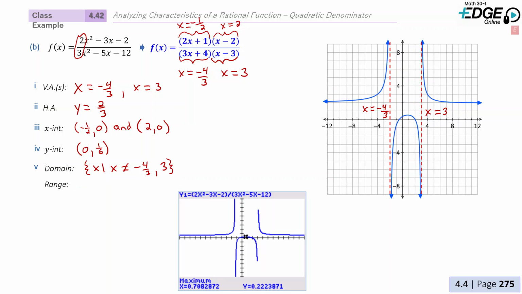So if we sketch this graph, just following your calculator there, and we knew that we had our horizontal asymptote at 2 over 3, that would be somewhere along this line. That was good till there. Then we have to be everywhere above this line for these sections of the graph.